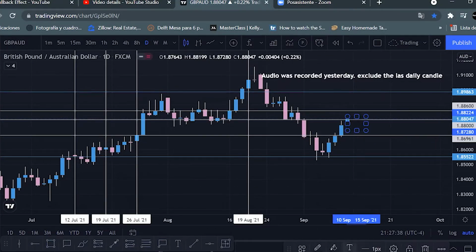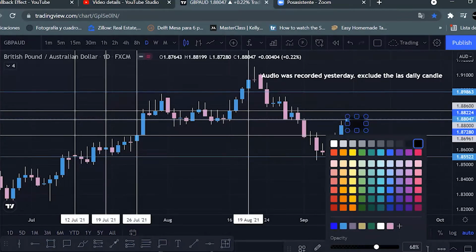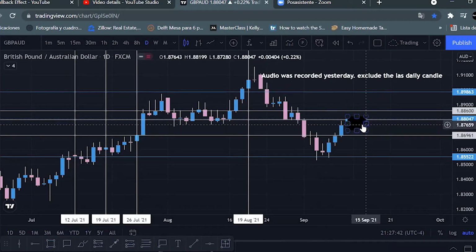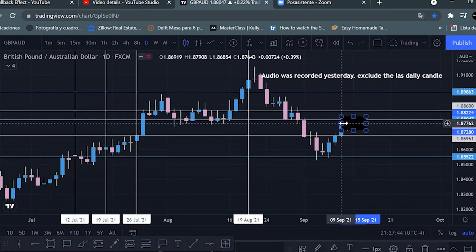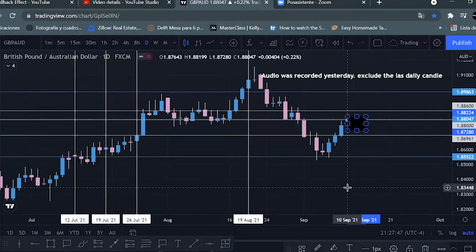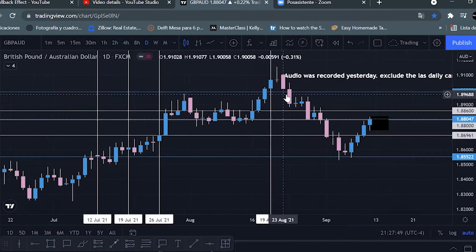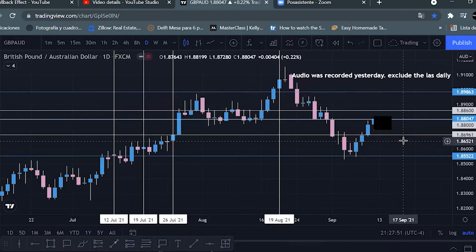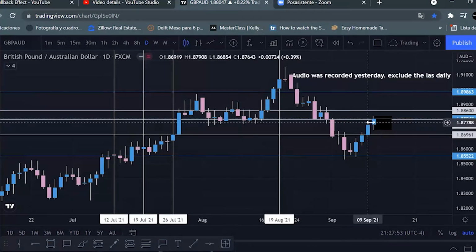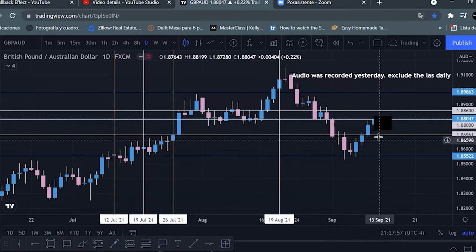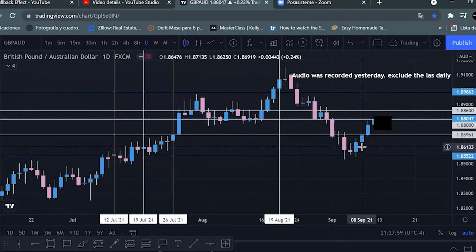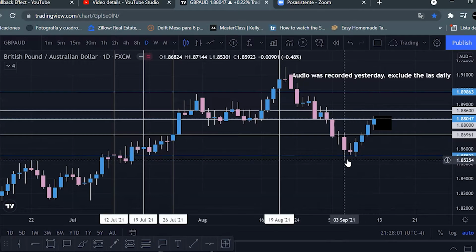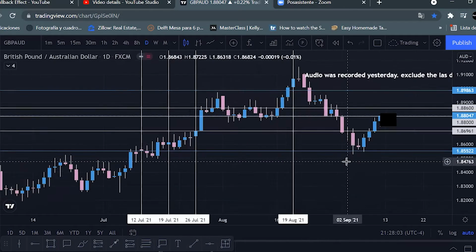What I'm thinking on GBPAUD is that I'm strongly bullish again. We might see a small retracement down into the 86.96 level to continue going higher. But if it trades lower and keeps trading lower and breaks this low here, then we're most likely going to do what I've been explaining.